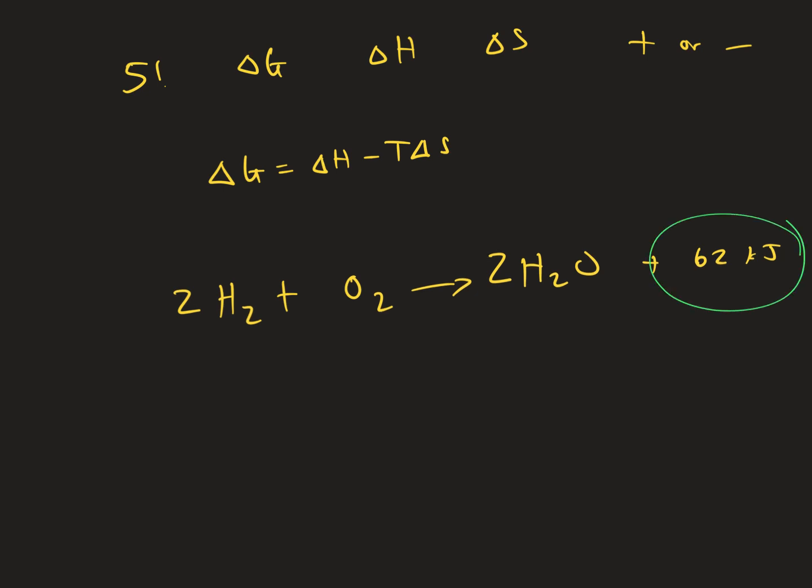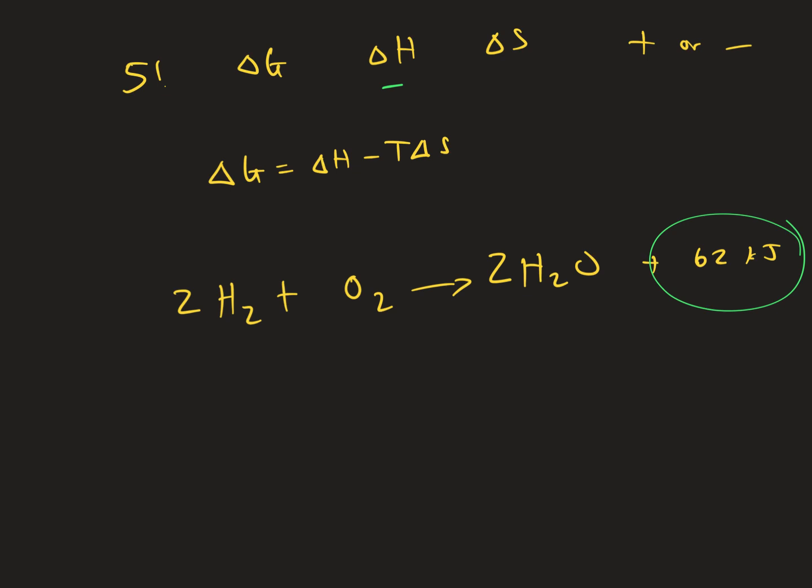What does this tell us, guys? That it's exothermic or endothermic? Exo, we're releasing the heat, right? So is that a positive delta H or a negative delta H? If it's exiting, we're losing it. Losing it means it's negative delta H, right? So that's negative.